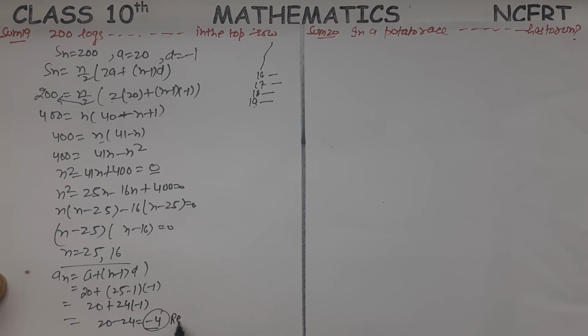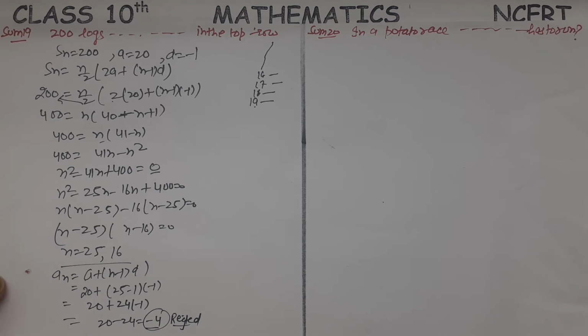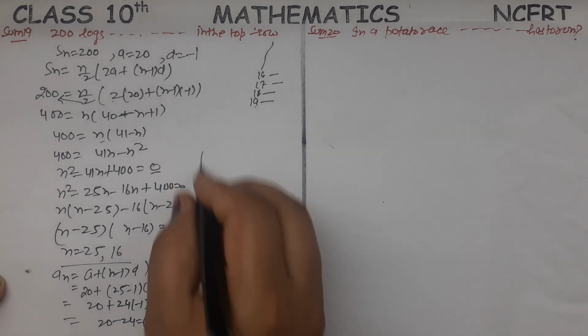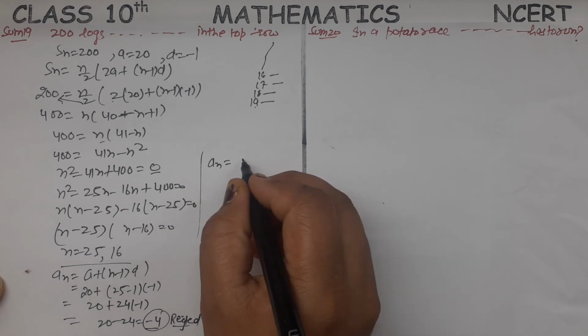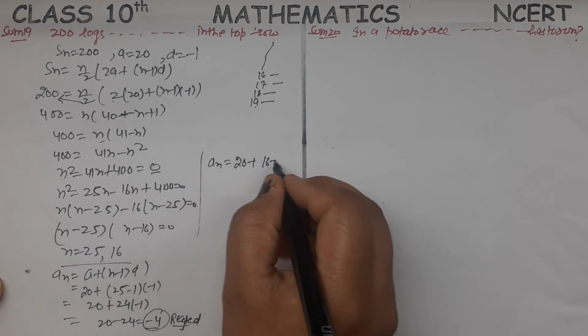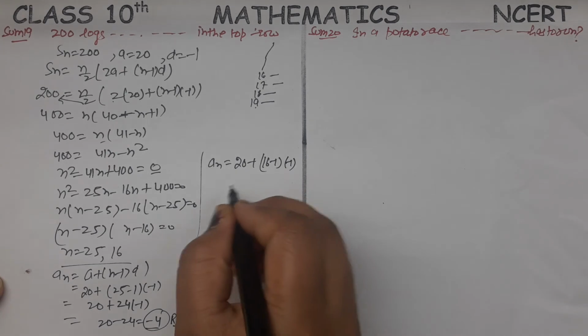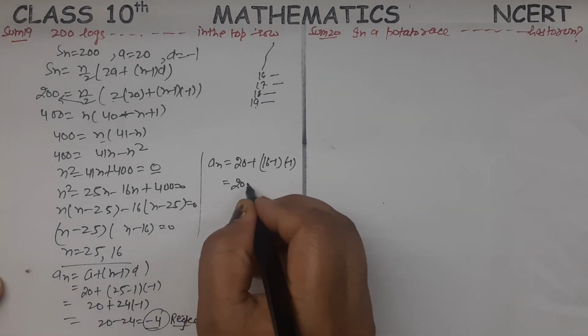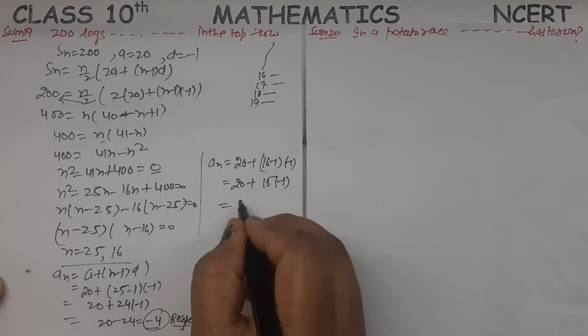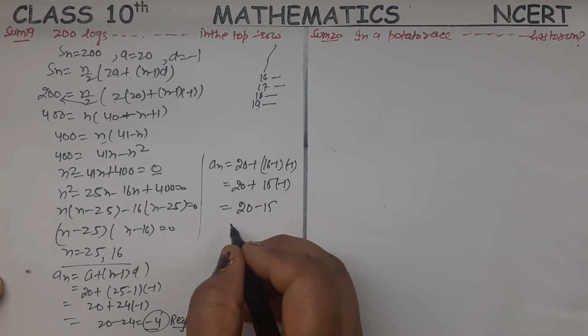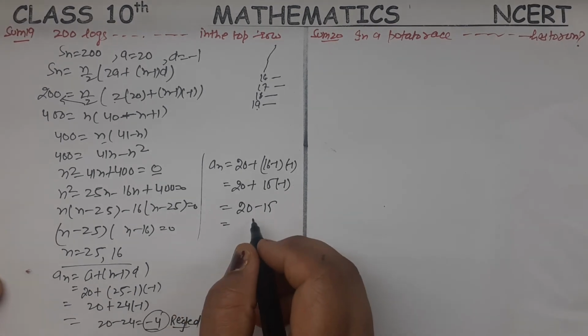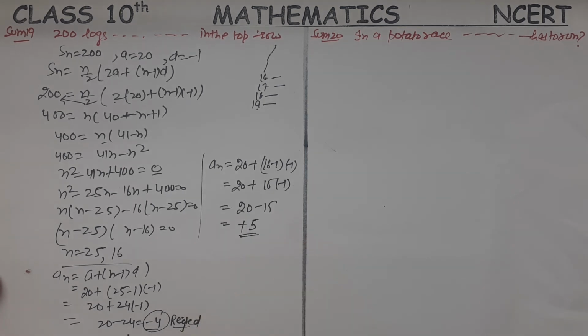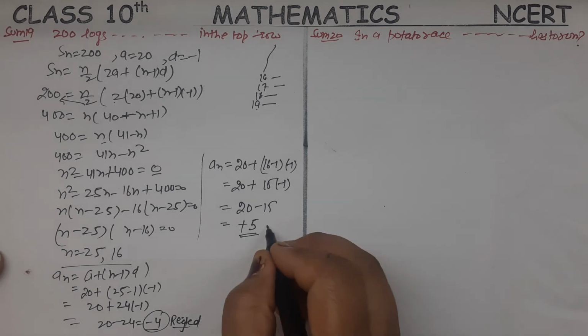Minus 4 is rejected, because logs can never be negative. That's why now we will take n as 16. That is positive 5. So the number of logs in the last row is 5. Answer.